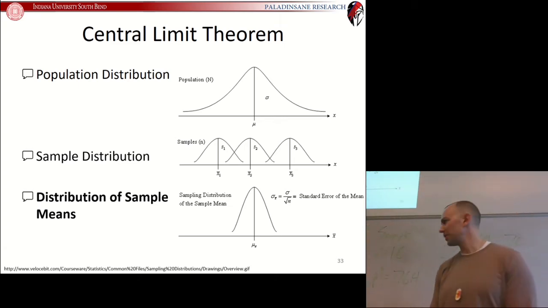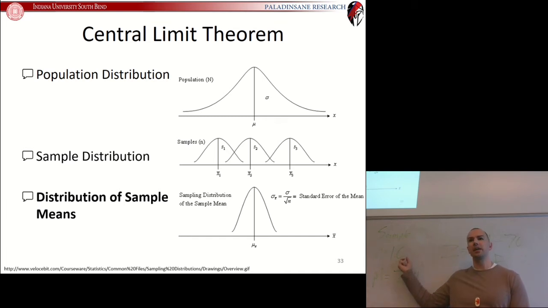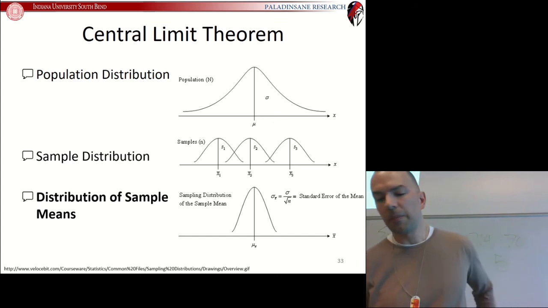I'll be honest with you, you're going to get a lot of sample sizes that are perfect squares. That could also be your clue. So get ready for a lot of sample sizes of 16 and 25 and 36 and 100 and 81 and 169. Those are the sample sizes you're going to be dealing with in Chapter 6. Take the square root of it and divide your population standard deviation by that amount.